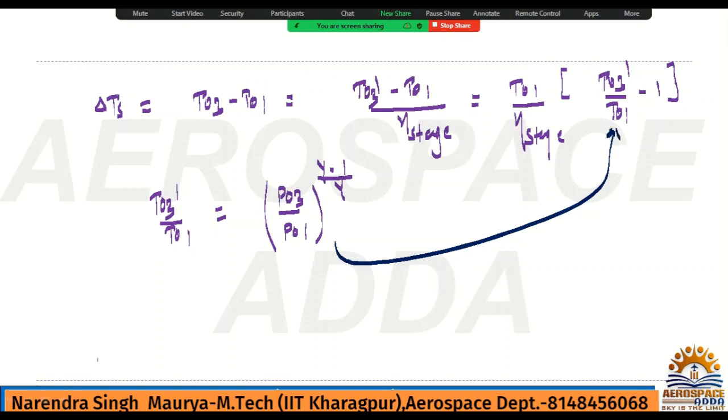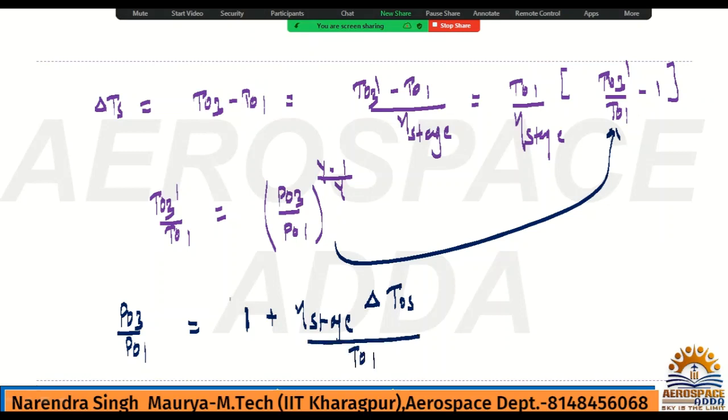So once you place it, you will get P03 by P01. If you check this result, you will get 1 plus eta stage efficiency into delta T0s divided by T01, to the whole power gamma upon gamma minus 1.